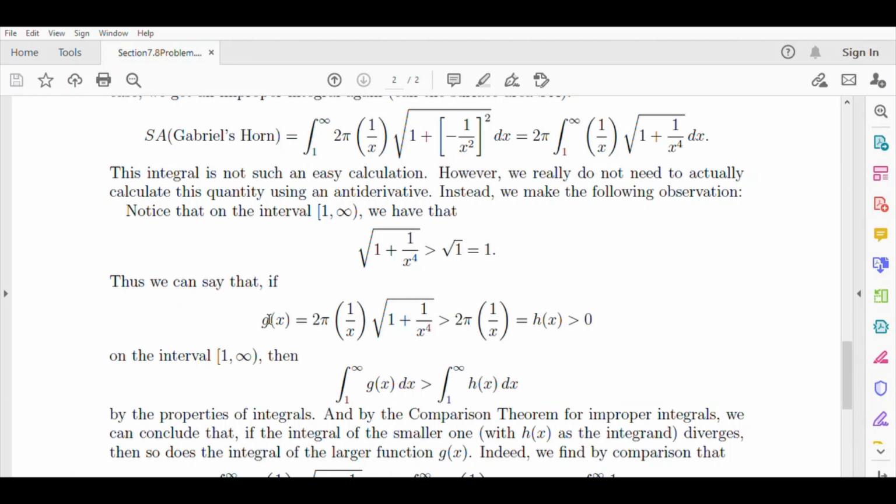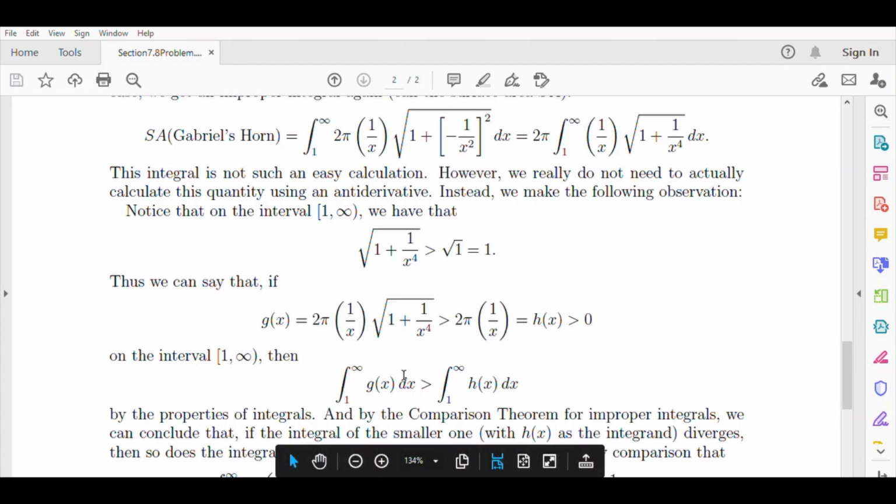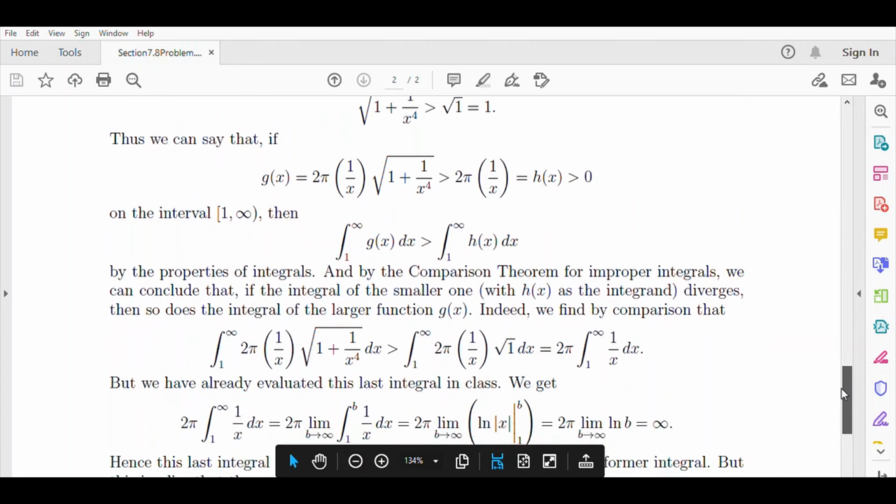Now if we take g(x) as 2 pi 1 by x square root of 1 plus 1 by x power 4, which is greater than 2 pi 1 by x, and take this term as h(x), which is greater than 0, then we can write that integration 1 to infinity g(x) dx is greater than integration 1 to infinity h(x) dx, by the properties of integrals.